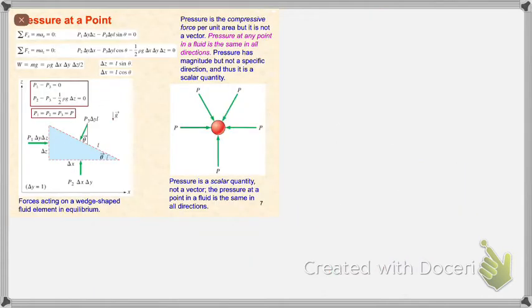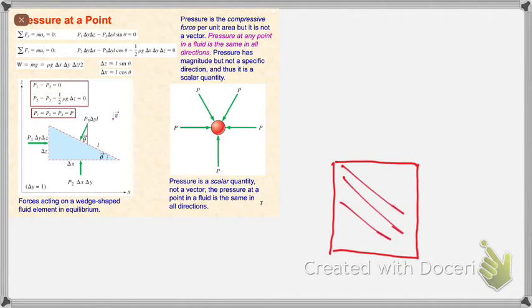Okay, pressure at a point. Now, let's say you have an object, and the liquid inside this object, this tank, is 70 kilopascal. Pressure is a scalar quantity.